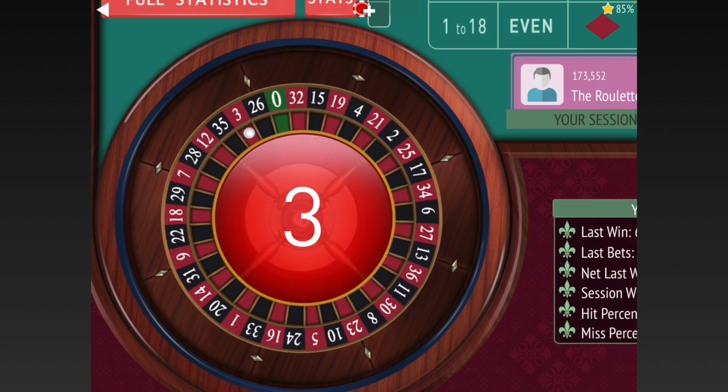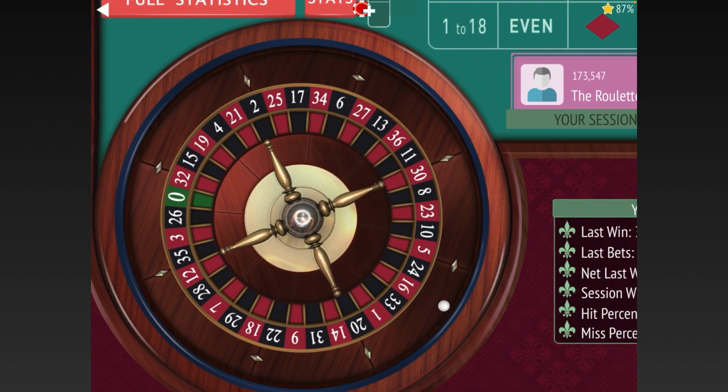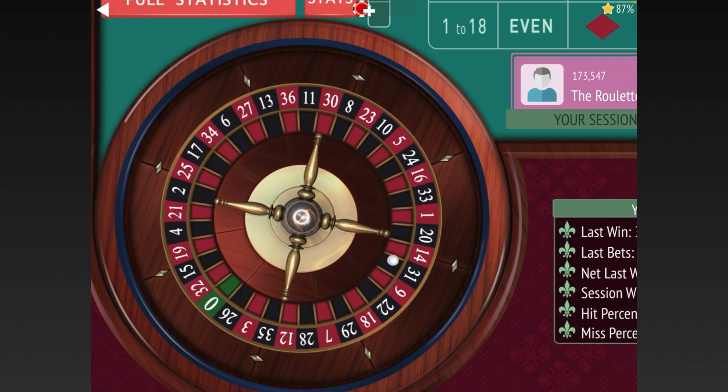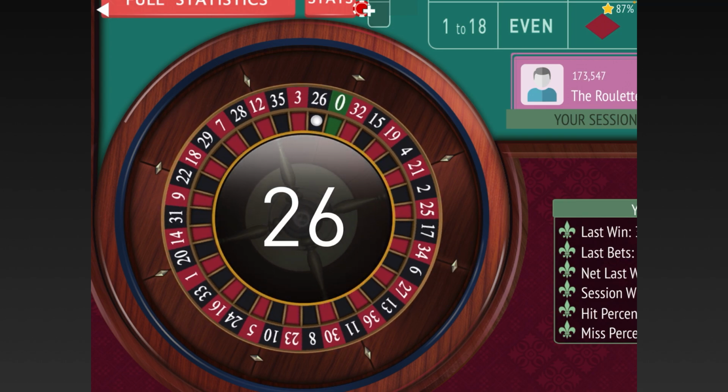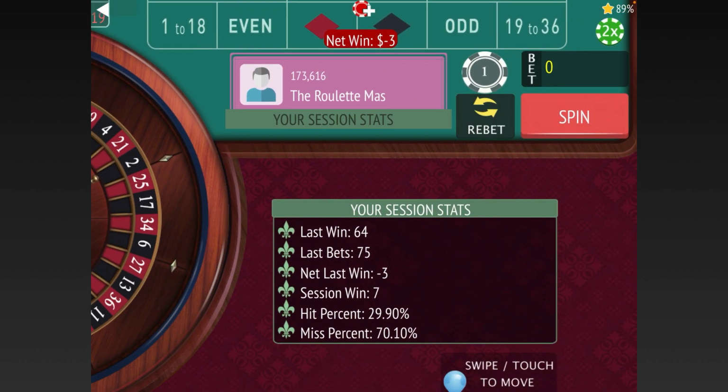$3. A small loss. So let's rebet again. $26. I think that's a break even. Oh, it's a small loss, -3.